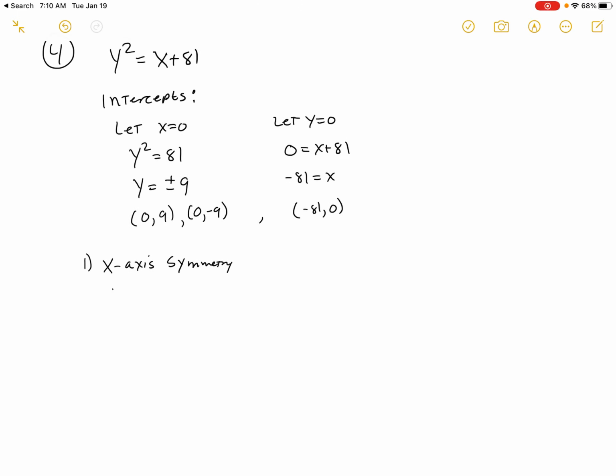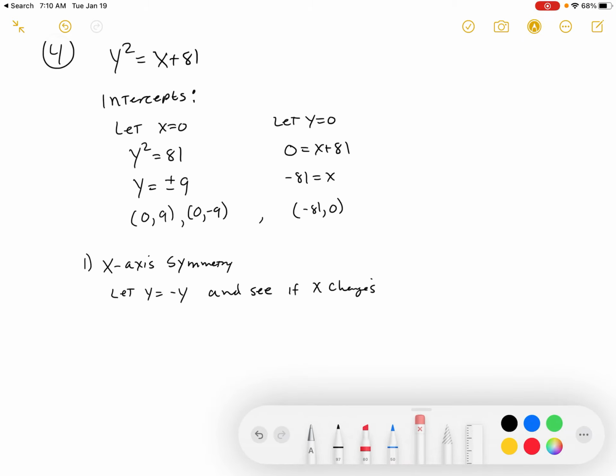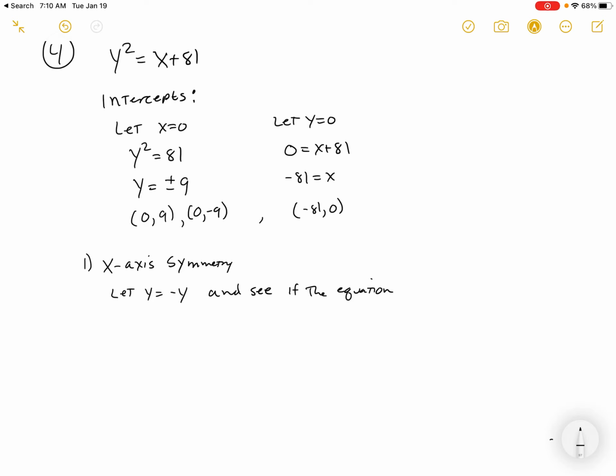Remember, it's x-axis symmetry, so you're going to let y be equal to negative y and see if the equation changes. Let me say, if the equation stays the same, that's when you have x-axis symmetry.